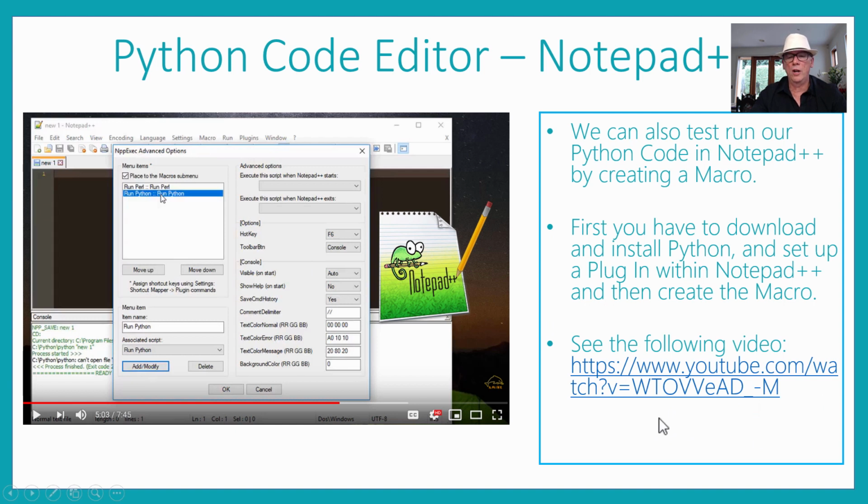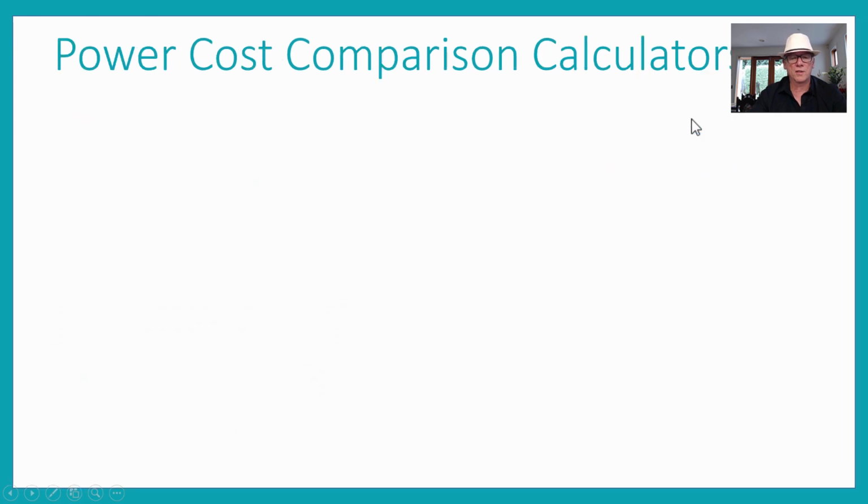We're not guaranteeing that it works, but it can be done because our students have done that, and they said it's just a matter of getting the right plugin running, and then you'll be able to, I think, click on run up the top here, and you can pick that plugin and run your Python code. So Notepad++ can also be used for Visual Basic and other languages as well, and I think you can download plugins to run the code and see if it is correct and is going to work all right.